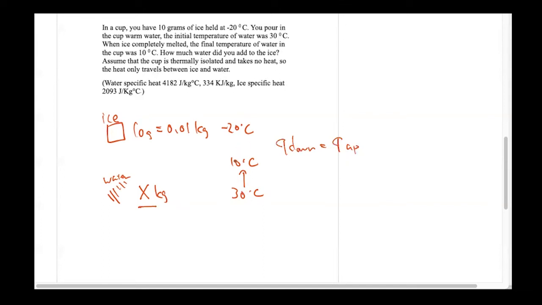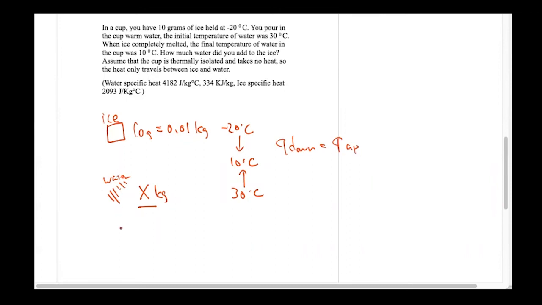And as a result, the ice and water reach a temperature of 10 Celsius degree. In this case, you can write the equation of Q down equals Q up.